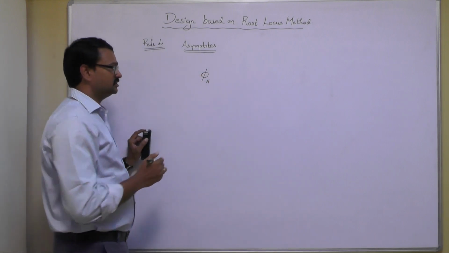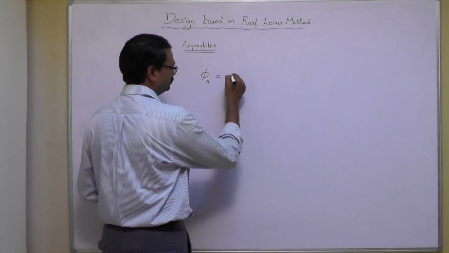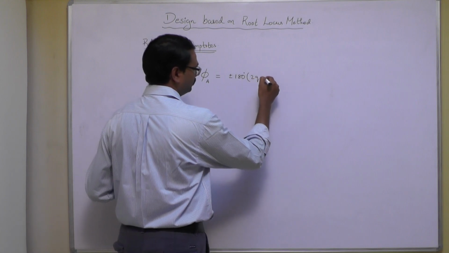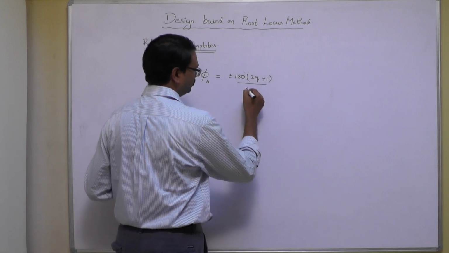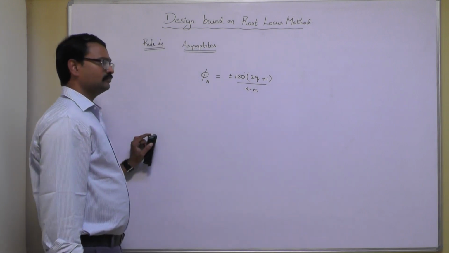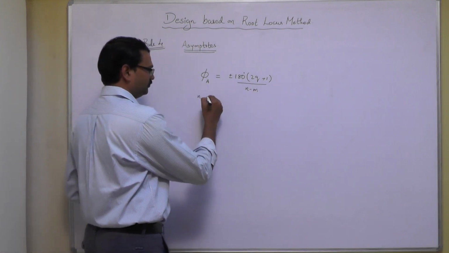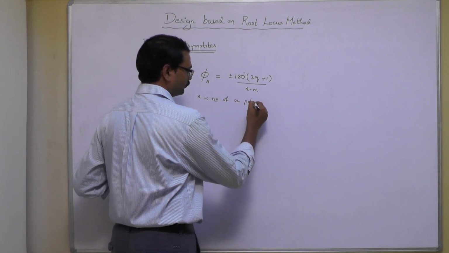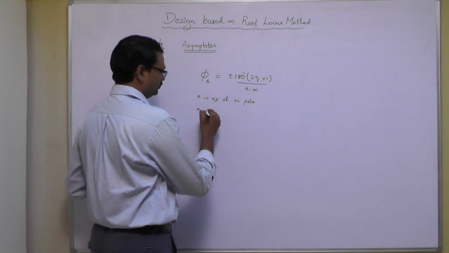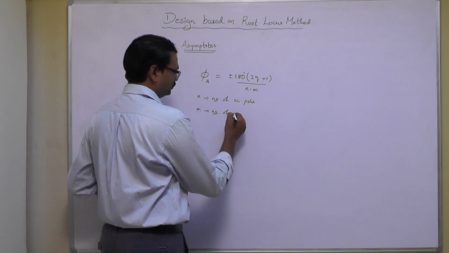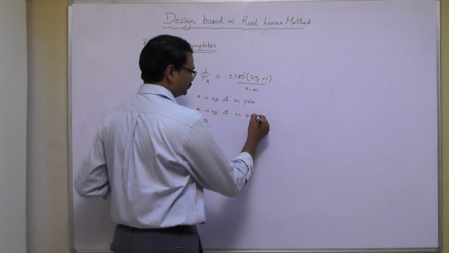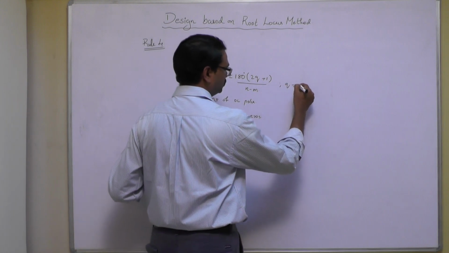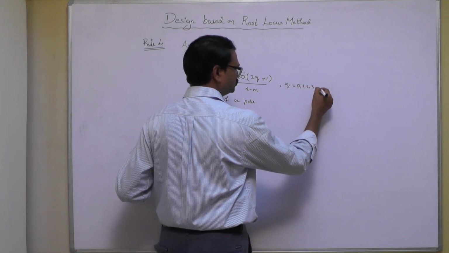The angles of the asymptotes are given by phi A equal to plus or minus 180 degrees into (2q plus 1) by (n minus m), where n is the number of open loop poles, m is the number of open loop zeros, and q is 0, 1, 2, 3, and so on.